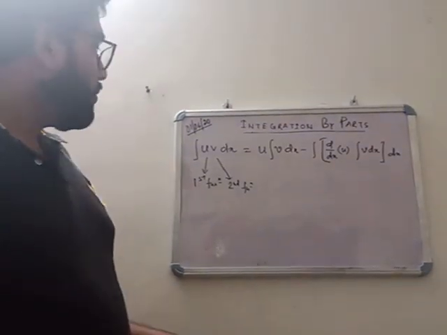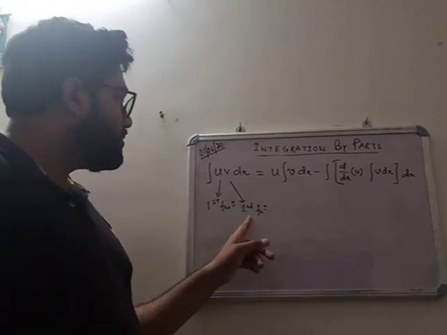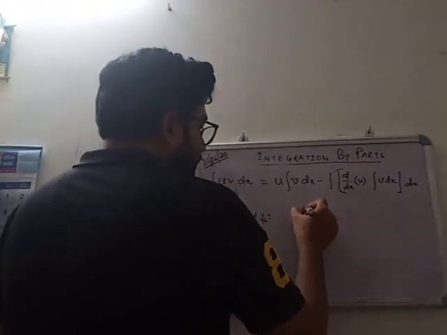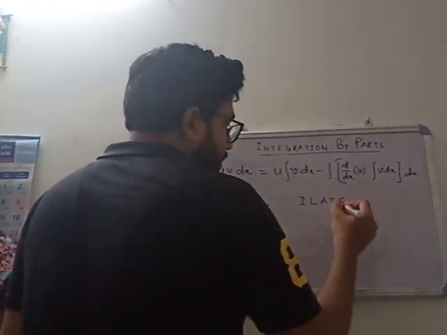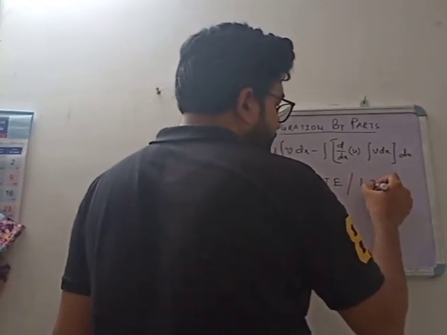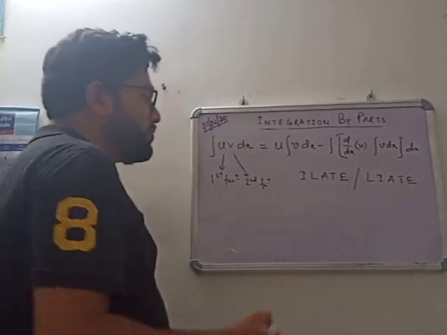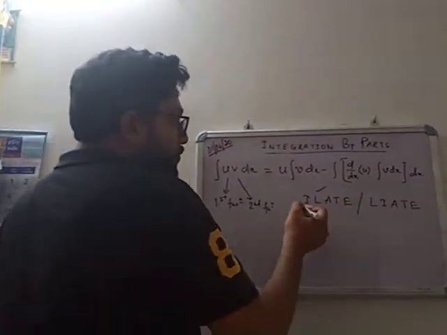Okay, now for choosing the first function and the second function, we follow the rule of ILATE. We can also write LIATE. Both we can choose. Normally we are choosing ILATE.